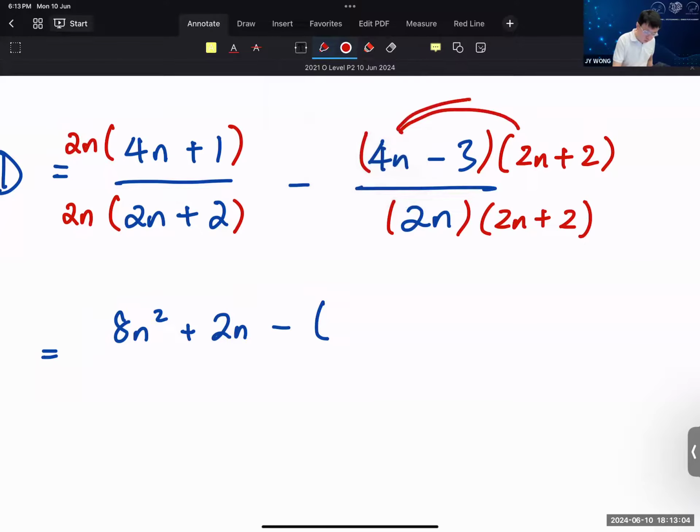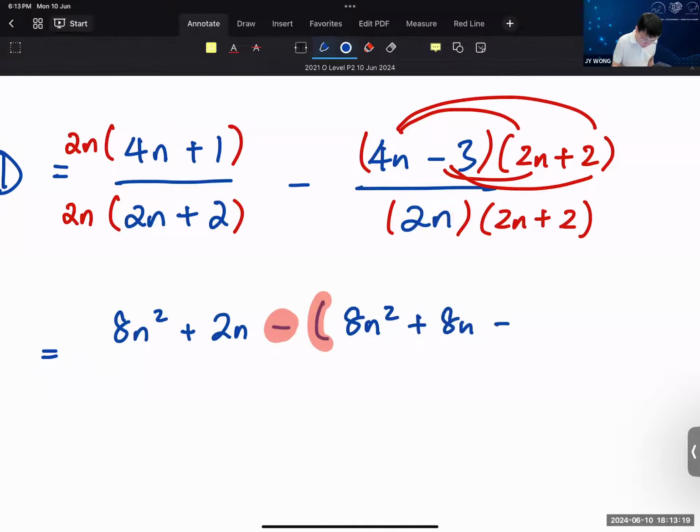So 4n times 2n, 4n times 2, negative 3 times 2n, negative 3 times 2. And so that will give you 8n squared plus 8n minus 6n minus 6. Okay, please make sure you have your bracket because of the minus sign, because that changes the sign inside.